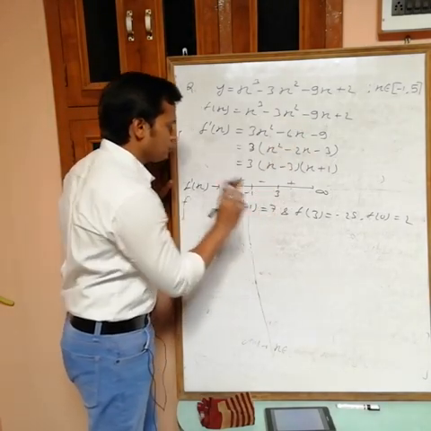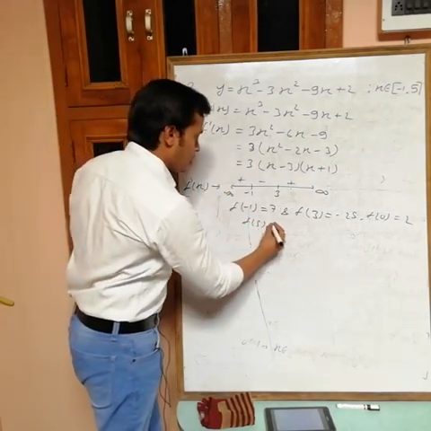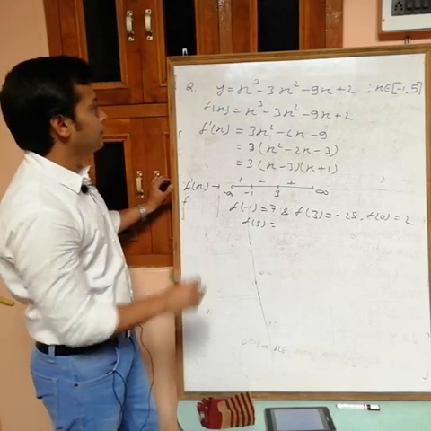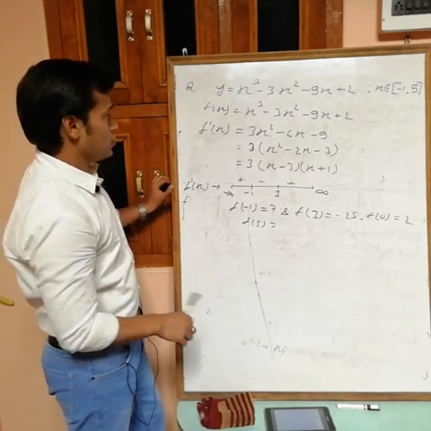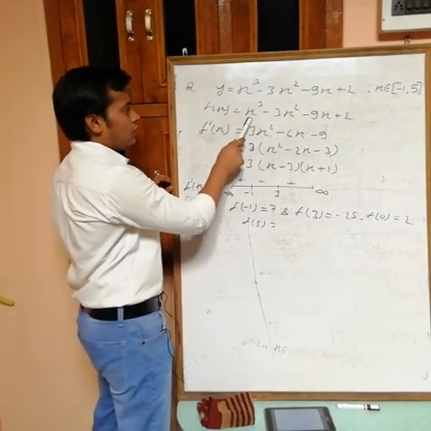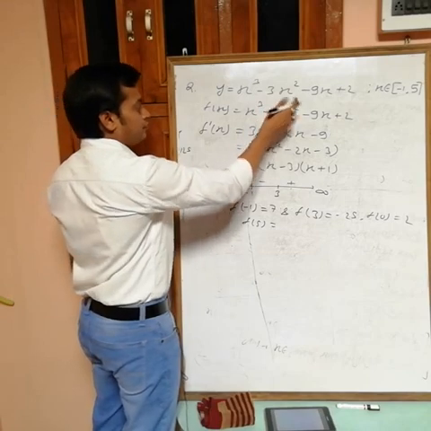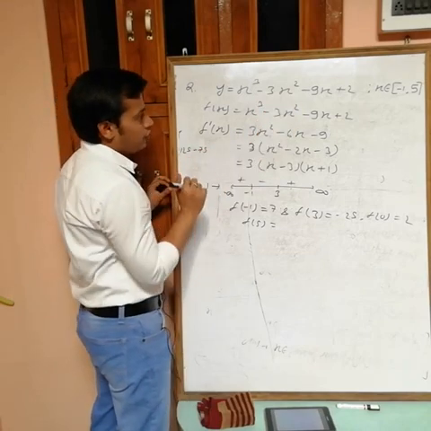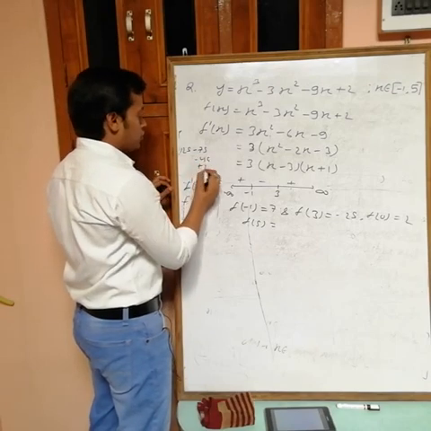Then the value at f5. f5 is equal to, put x equals to 5 in this one. 5 power 3 is 125 and minus 75, minus 45 and plus 2.